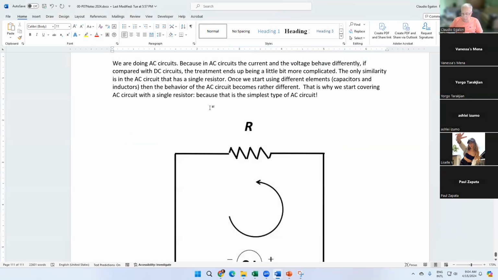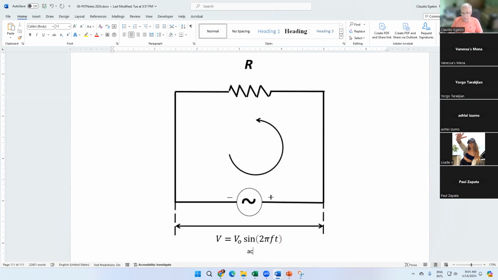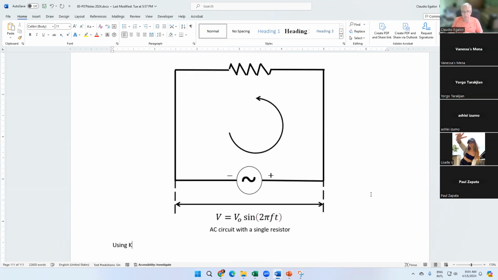And whatever principle I use here, using Kirchhoff's loop law, okay, AC circuit with a single resistor. How do we do that?